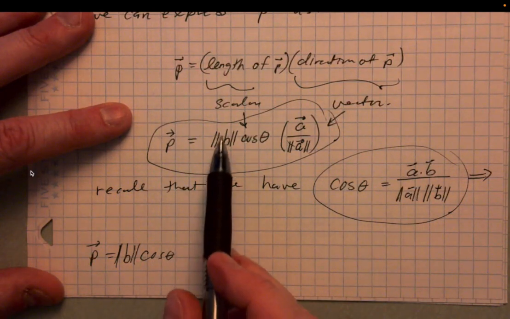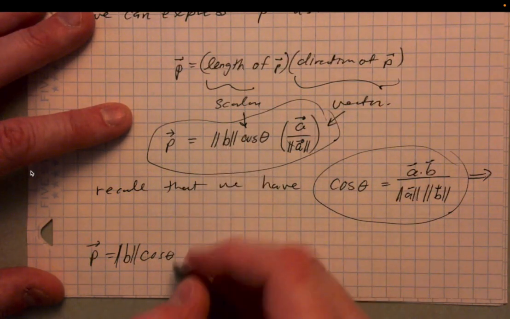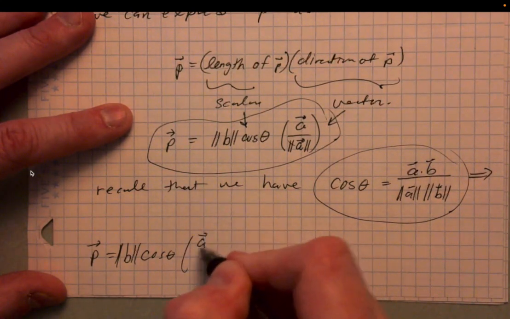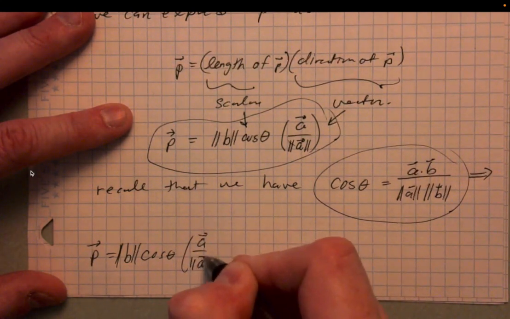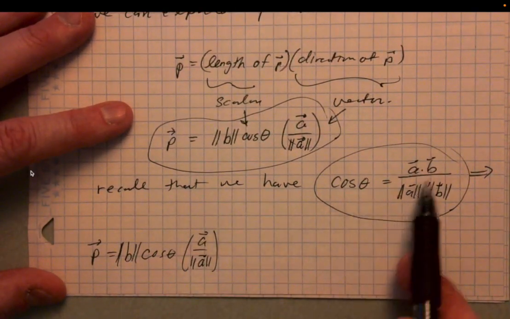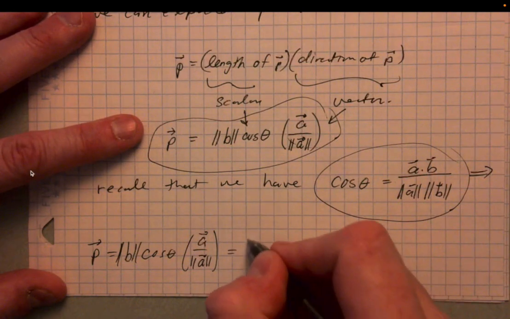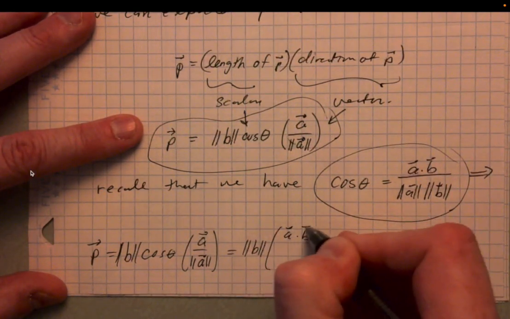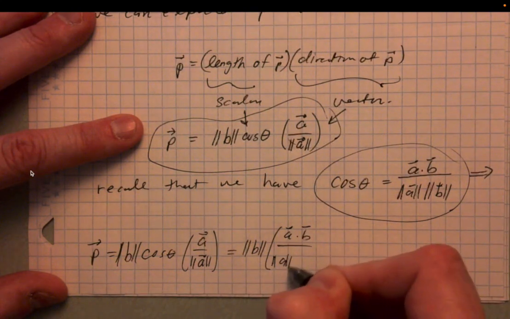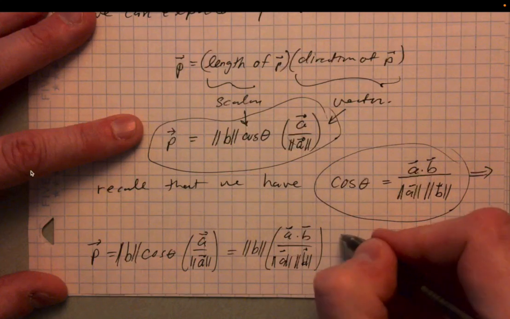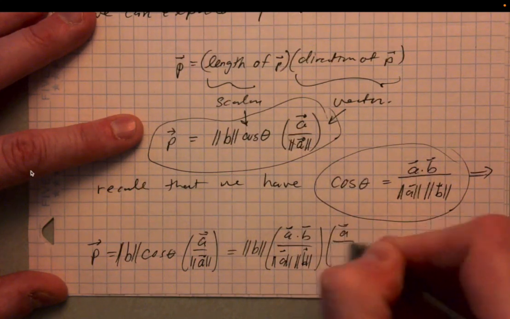So it's the norm of B times cos theta that gets you the magnitude of P, and then A over the norm of A gets you the direction. Now, cosine of theta we can see is just this, so we can plug that in, and then times A over its norm.